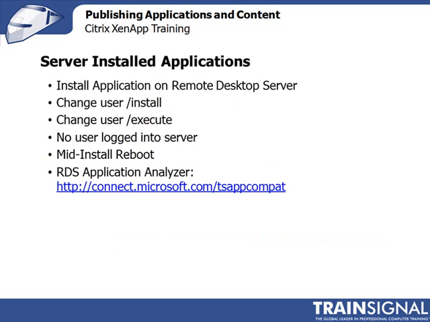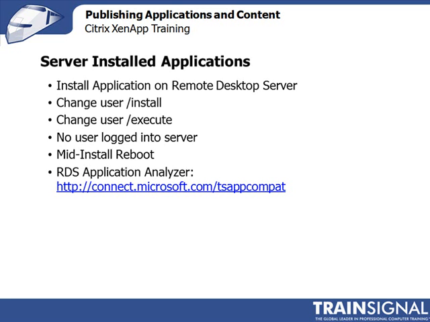Now, what about server installed applications? Installing applications onto a XenApp server is not the same as installing applications onto a regular Windows 2008 R2 server. On a Windows 2008 R2 server, you would just take the executable of an application, double-click on it, and run it. Take Office, for example. You can run Office simply by putting in the CD, double-clicking the auto run, and going through the installation. Well, it's not the same with RDS.